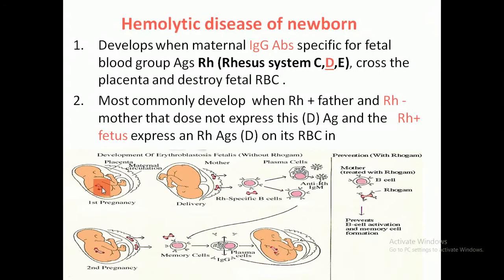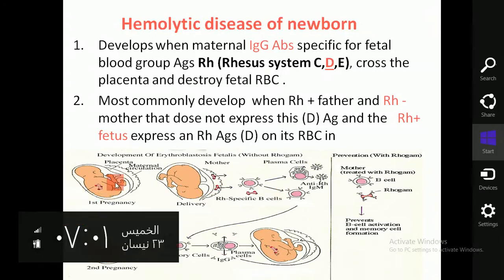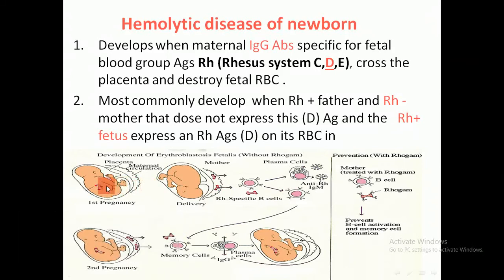So the first baby is not affected, and during the delivery of the first baby and separation of the placenta, some of the fetal RBCs cross the placenta and go to the maternal circulation.